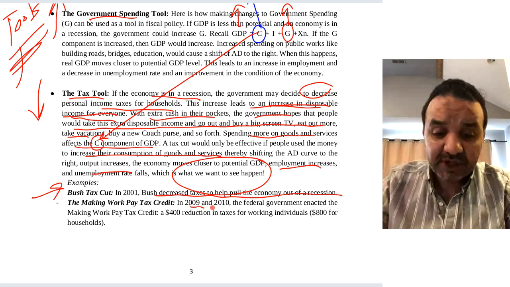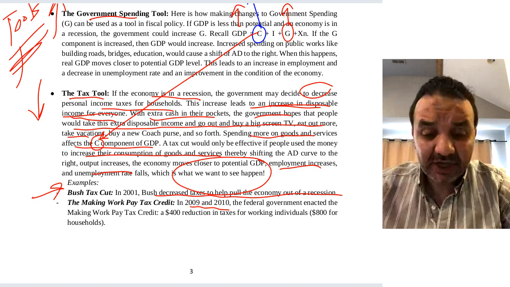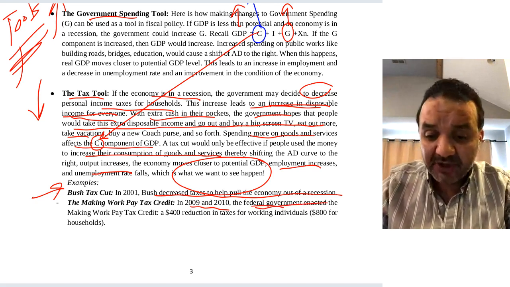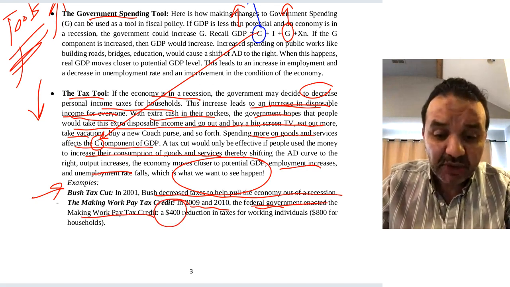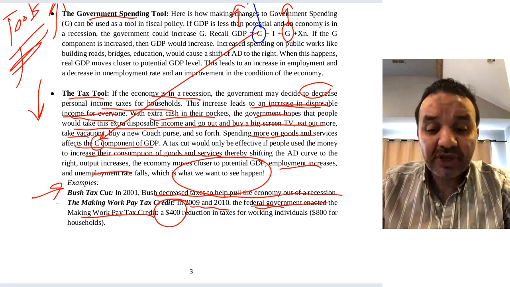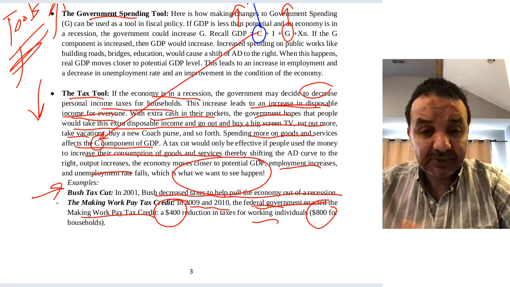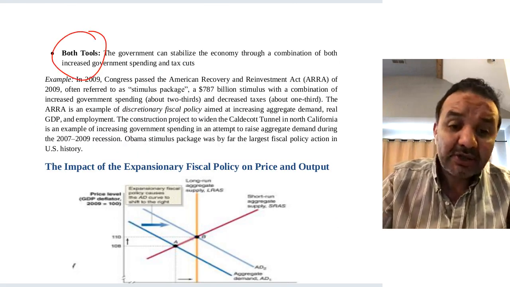Also in 2009 and 2010, after the 2008 financial crisis, President Obama and the federal government enacted the Making Work Pay tax credit, which led to a $400 reduction in taxes for working individuals, $800 for households. So this is an example of a tax cut. Okay, here's the question.